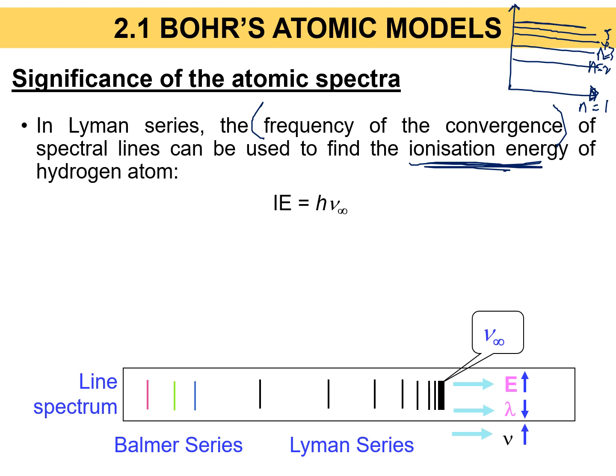Okay, lepas tu bila makin bertambah energy level dia, makin meningkat energy level, makin rapat-rapat line dia. So bila line dia rapat-rapat, this is when we call as continuum limit or convergence limit. So that is when the n energy level is at infinity.